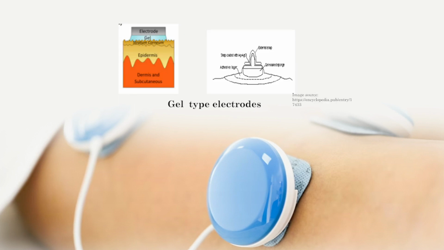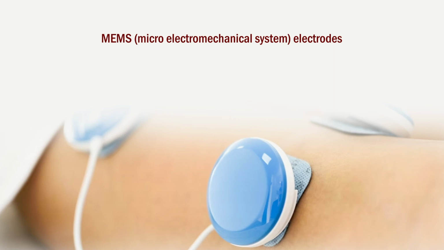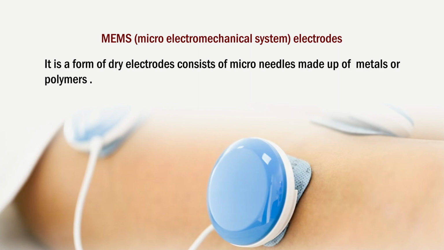In the figure, you can see that the electrode is placed at the topmost layer of the skin called epidermis, which we have discussed in the previous lecture. The electrode is connected to the layer via gel. Now, coming to the MEMS electrodes. It is a form of dry electrode, consisting of micro needles made up of metals or polymers.